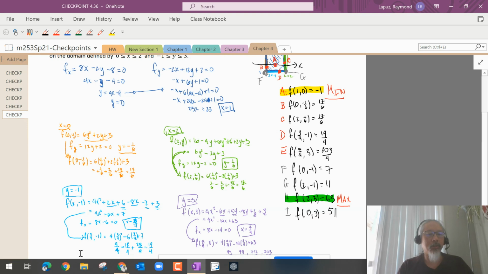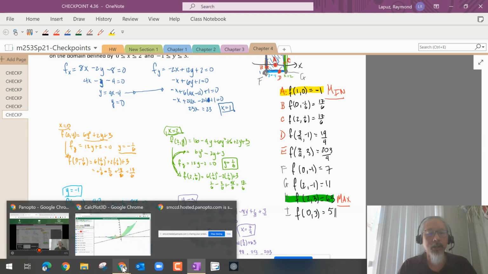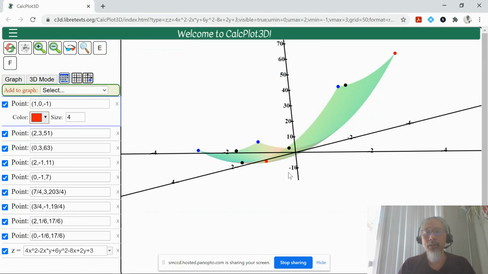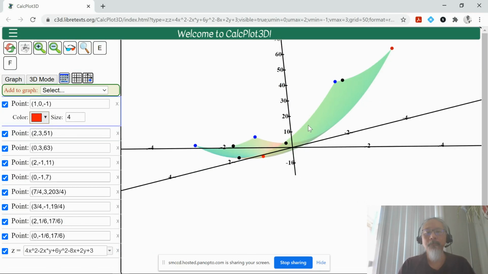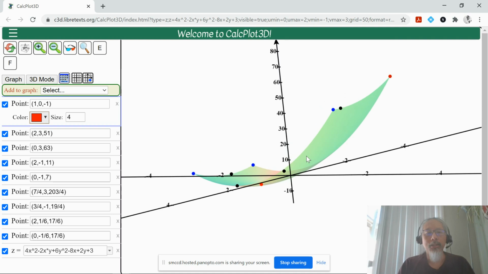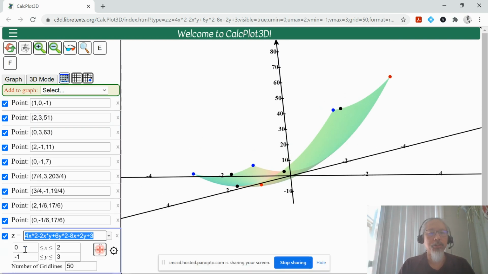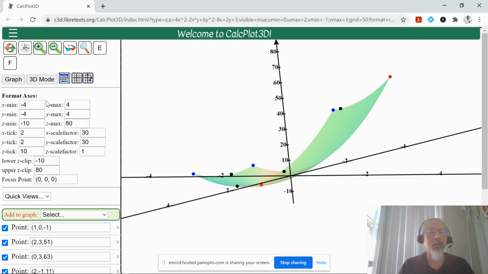I think it might be good to take a quick peek at the graph. I do have a graph of this here. I first plotted this function, and I had to play around with the limits for your x and for your y and for your z. I had to squish z down quite a bit, because it went all the way up to 63, as we saw in our analysis.